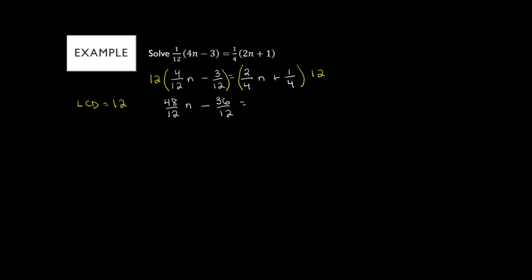Now on the right, I am going to do the 12 times the 2. So that's 24 over 4n. And then 12 times 1 is 12 over 4. One of the most common mistakes I see is people putting the wrong denominator, because if you're putting 12 and you're going over 12, it's really easy to just keep writing 12 once you move to the right side.